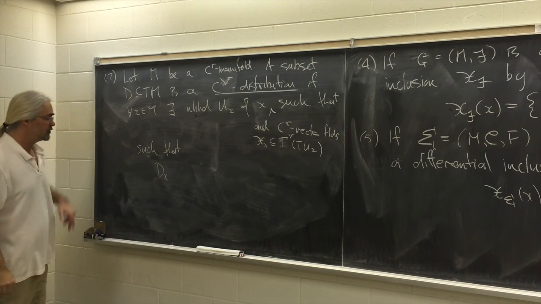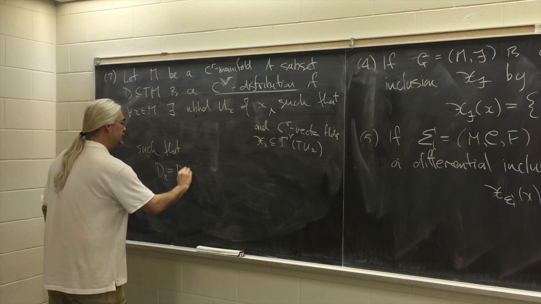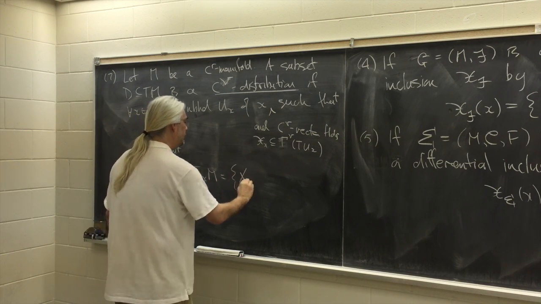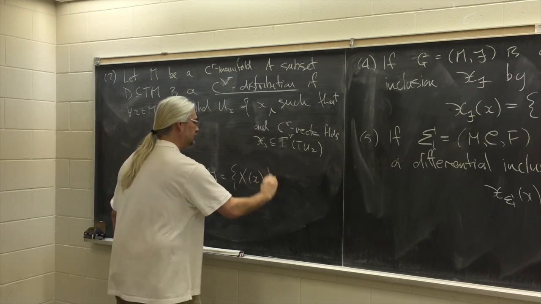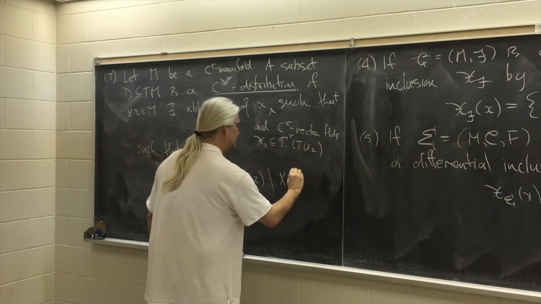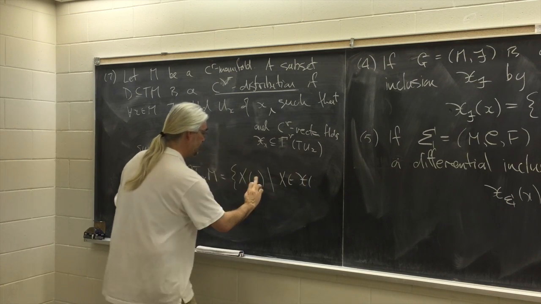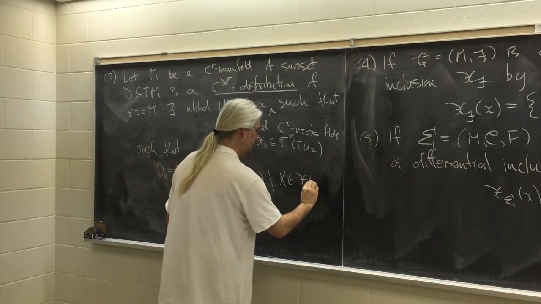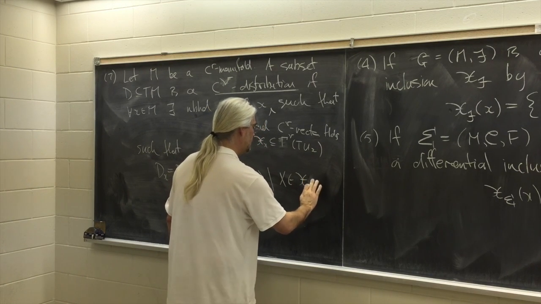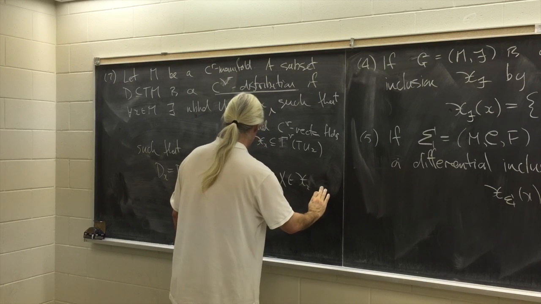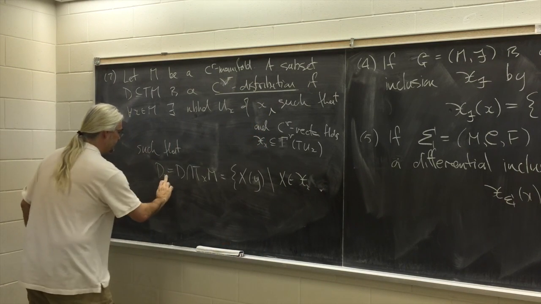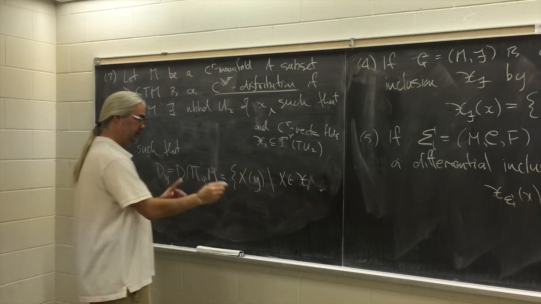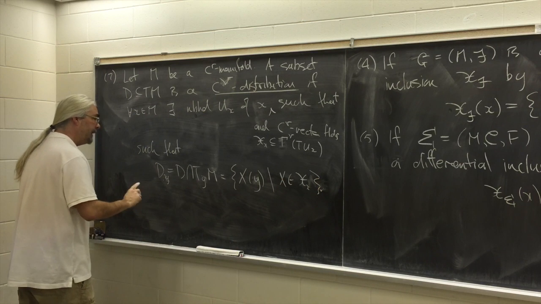So this is the fiber of the distribution over the point x, which is D intersected with the tangent space at x. This is equal to, oh, and this should actually be y. Sorry, this should be this. Okay, and this should be true for every y in U sub x.